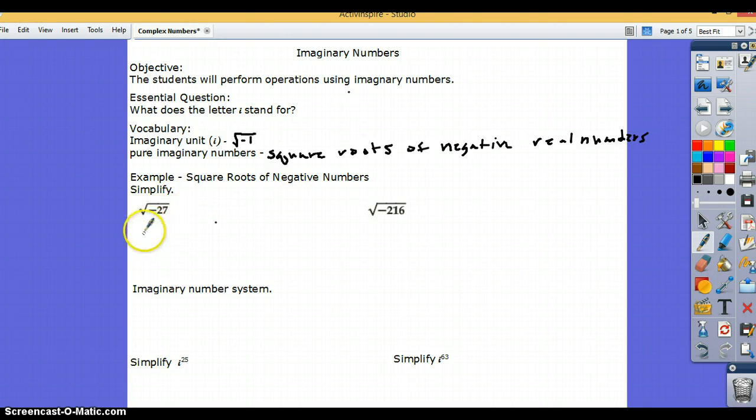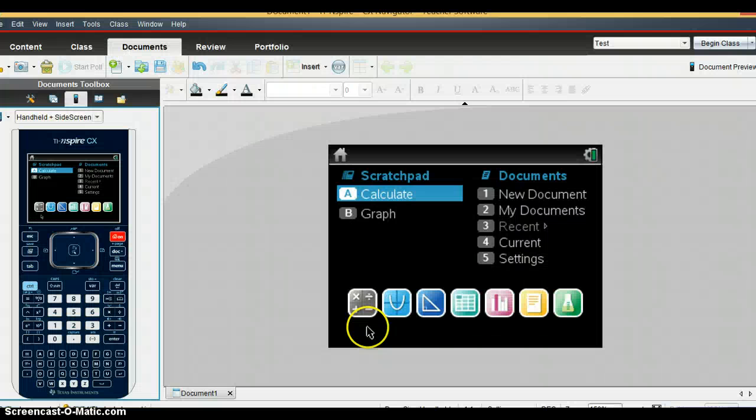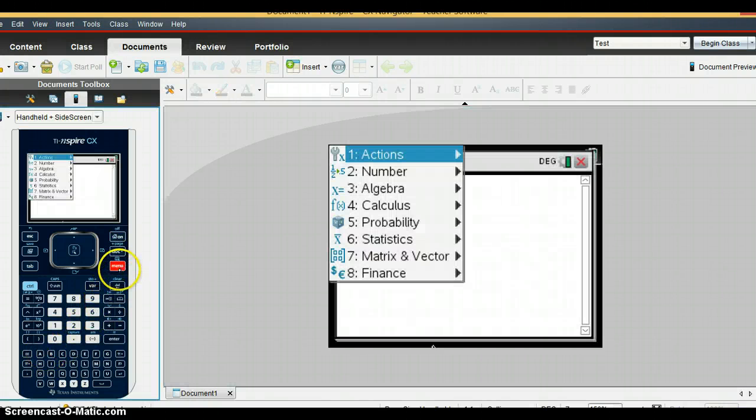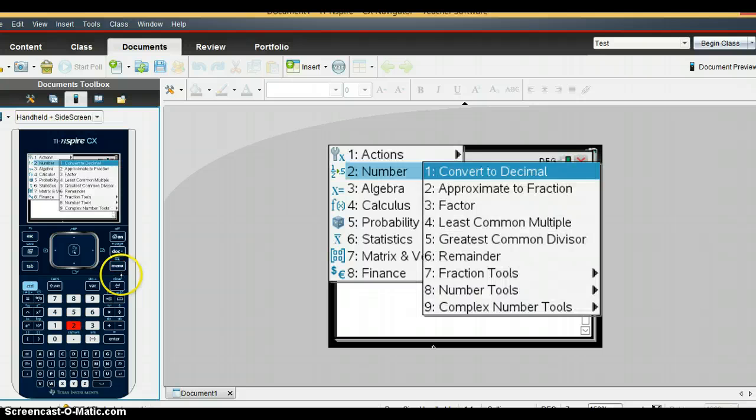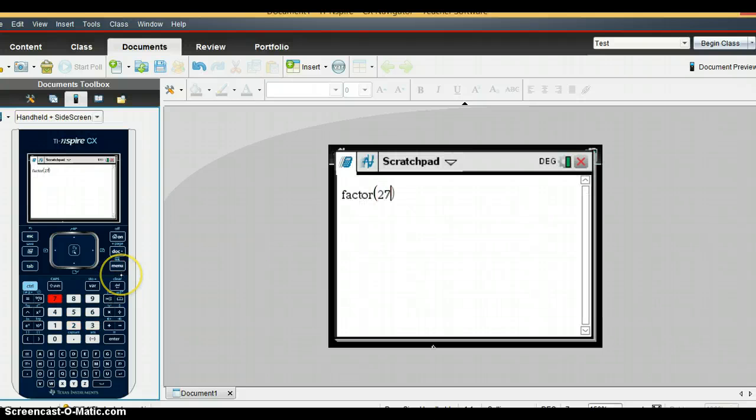Alright, so right here, anytime there's a negative, that means we have a -1 times, and then what we were talking about yesterday was simplifying radicals. So you're still going to do a lot of the same stuff that you just got done doing in the last lesson. So menu 2, 3, but I'm going to put 27 instead of -27. And so that gives me 3 to the third.